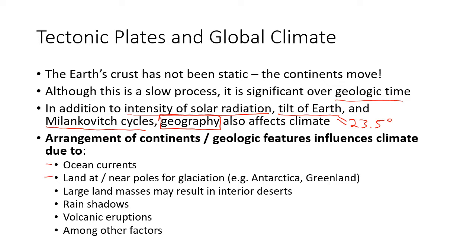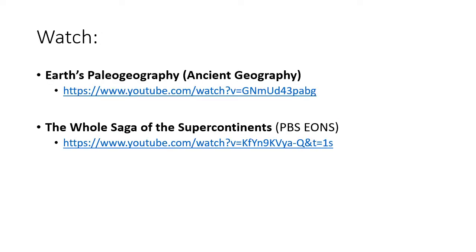Whether there's land at the poles or not, whether the continents are all together in a supercontinent or if they are all in smaller continents, rain shadows, volcanic eruptions, and some other factors that we might touch on, but that we won't really focus on too much. We'll watch these videos in class, so I'll just skip this for right now.